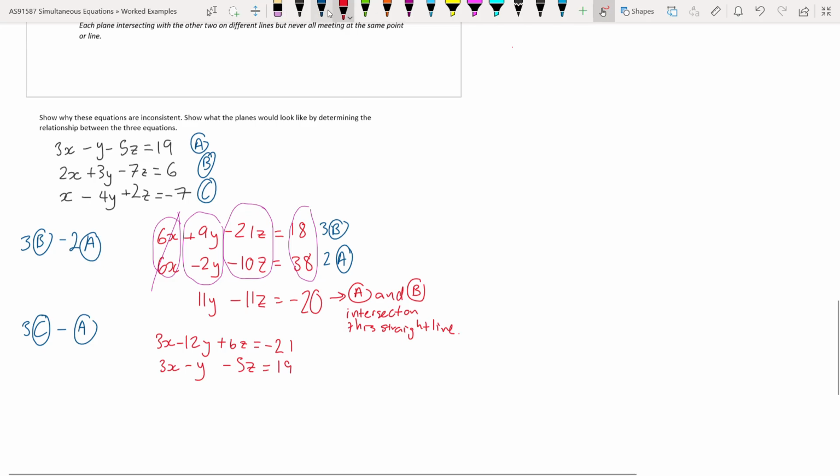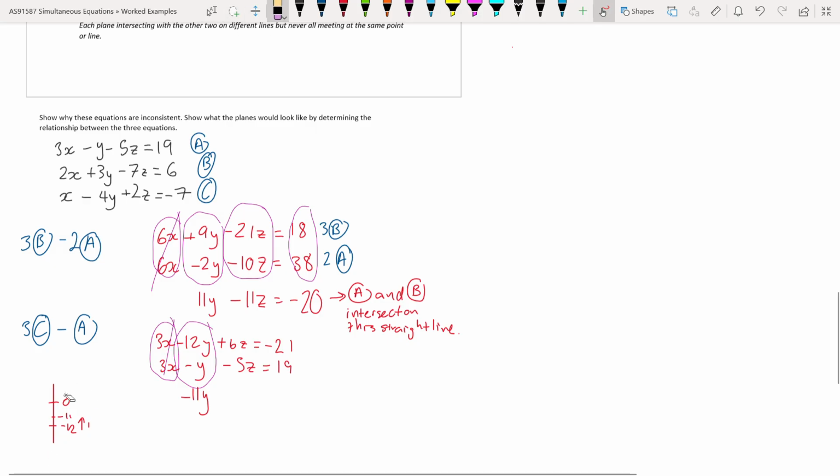So at this point, I am now going to try and eliminate the x. So 3x subtract 3x. That's good. At this point, negative 12y subtract negative y. That gives me negative 11y. Remember, if you're stuck with that on your number line, negative 12 is down here, 0 is there. Subtracting a negative is up 1 is negative 11.